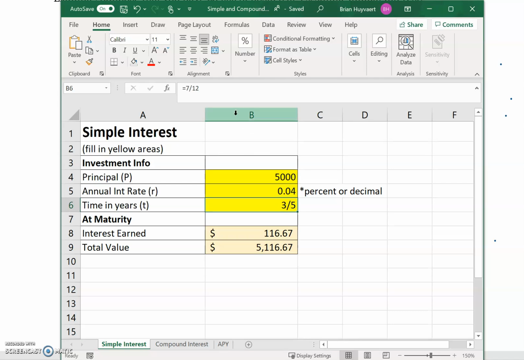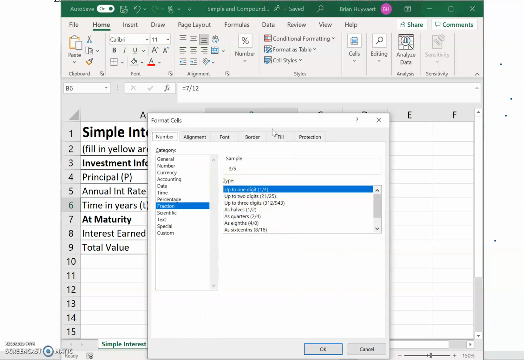So fraction, and again, sometimes the fraction looks a little bit bizarre in this format. What we see up in the formula bar is the real value. This one, it wasn't 3/5. That's not 7/12 simplified. So occasionally you're going to see little inconsistencies like that. One thing you could do is say, well, by default, fractions have 1 digit in the denominator.